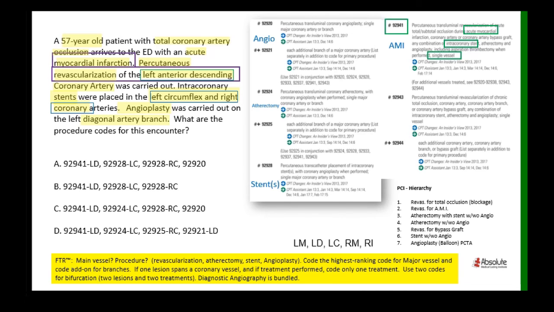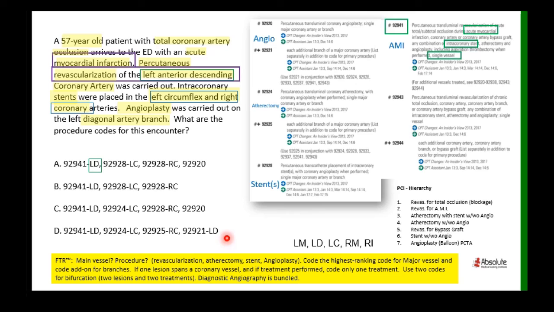All right, so we know that 92941 is a good code, and look, they all share that code, A, B, C, and D, and notice that the modifier is LD because the procedure took place in the left anterior descending coronary artery or vessel.